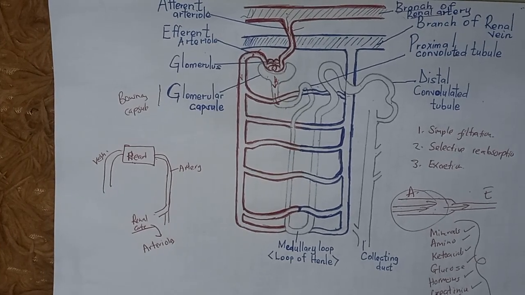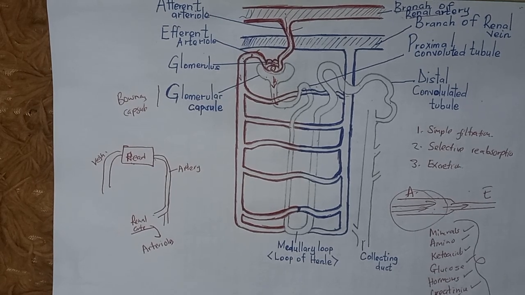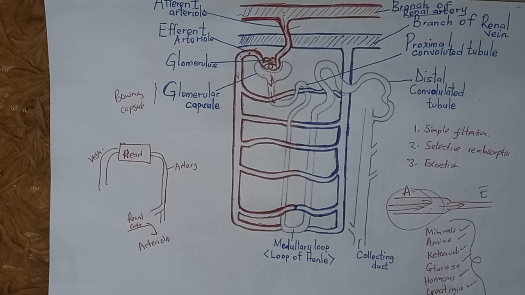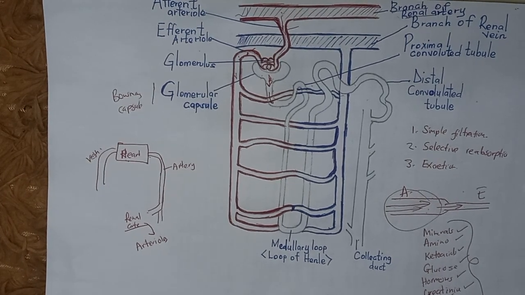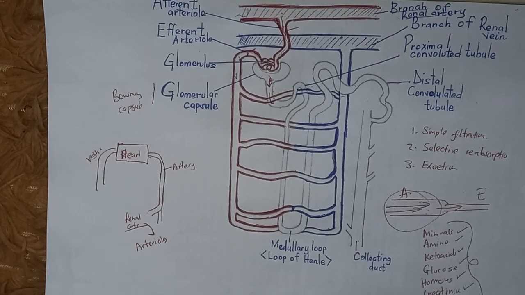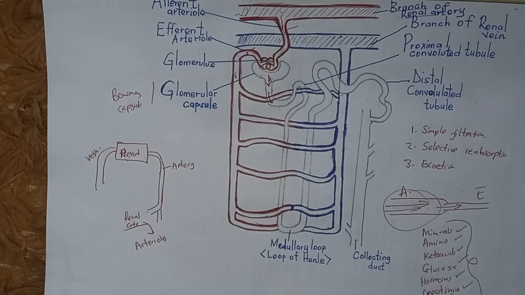So we are getting on to the second step, which is selective reabsorption. What do we mean when we say selective reabsorption? It doesn't mean that reabsorption just takes place on everything. It means they select. Not everything is being reabsorbed back.